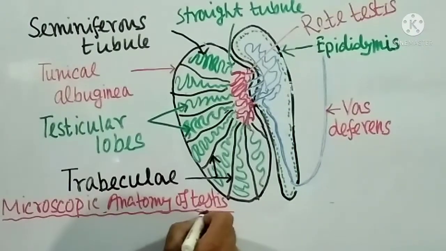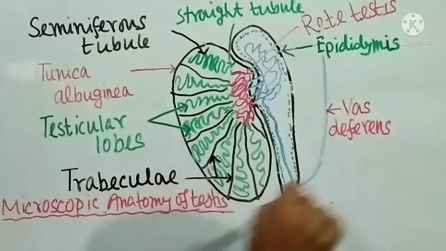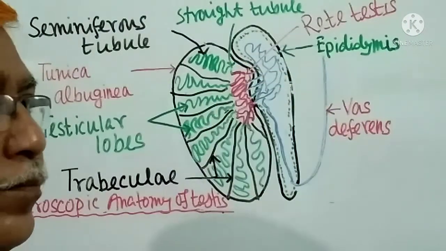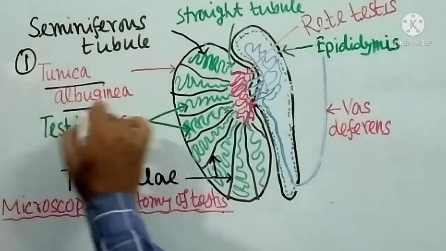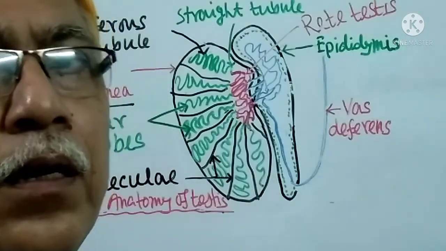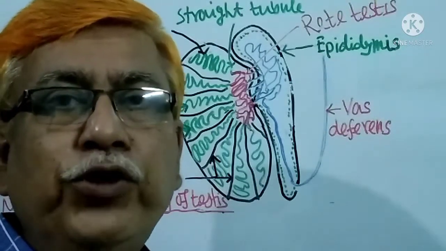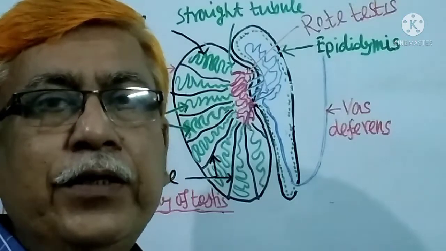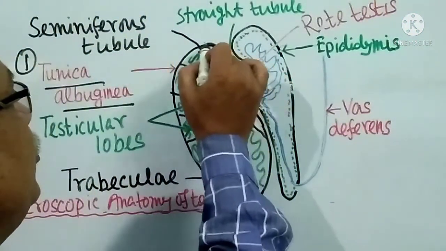Microscopic anatomy of testis. Look at this diagram. Tunica Albuginea. The outer covering of the testis is called Tunica Albuginea. It is made up of white fibrous tissue.